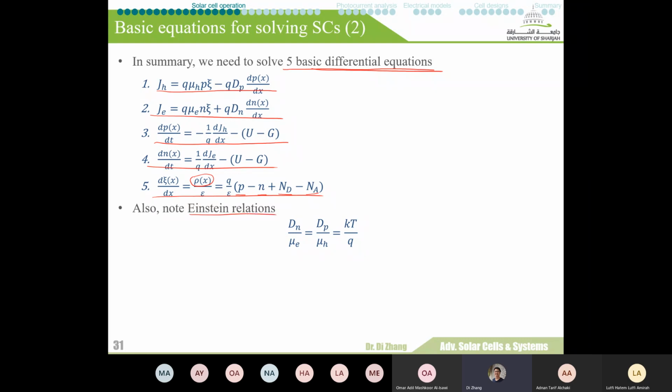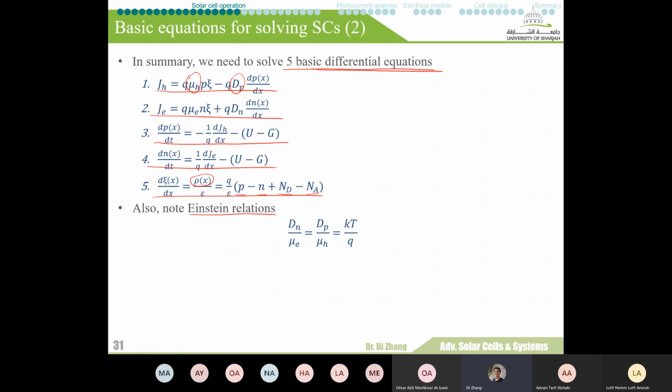Lastly, there is a very useful equation called the Einstein relations. In the equations here, we're seeing the mobility and the diffusion constant. It seems that these are separate parameters. However, based on the Einstein relations, the mobility is related to the diffusion constant.